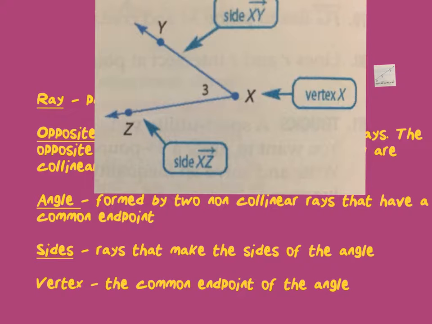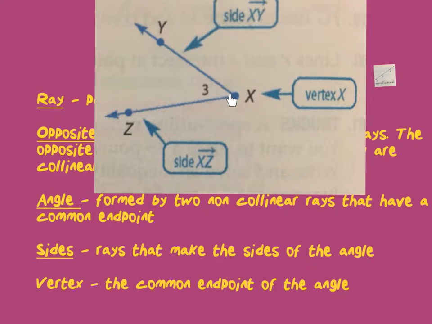The third one is an angle, and an angle is formed by two non-collinear rays that have a common endpoint. So this is kind of the opposite of opposite rays, where opposite rays are on the same line. An angle is formed by two rays, here ray XZ and ray XY, that are not on the same line, but they do share a common endpoint.